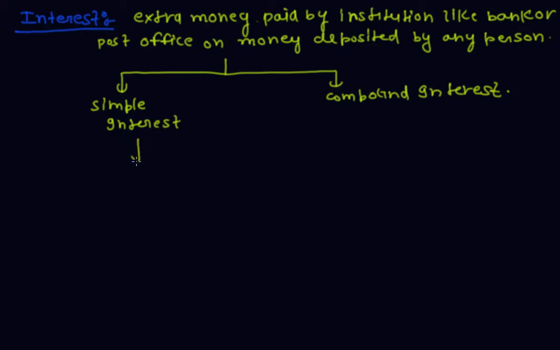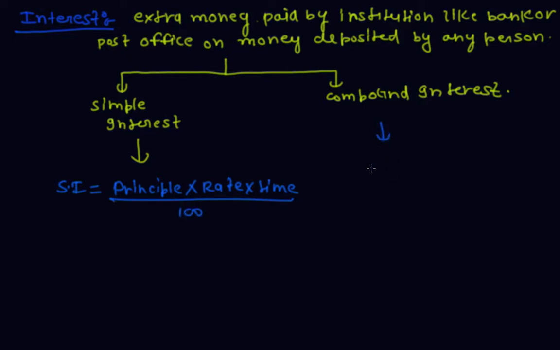The formula to calculate simple interest is equal to principal into rate into time upon 100.